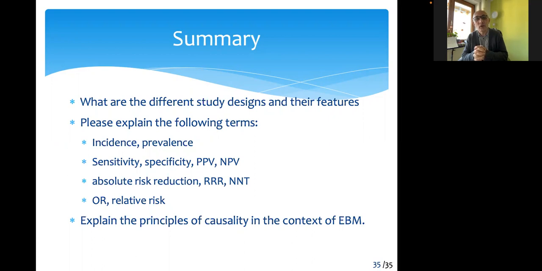Many of them you were probably already familiar with, but you must understand them very clearly in order to be able to make an evidence-based decision, in order to practice evidence-based medicine.